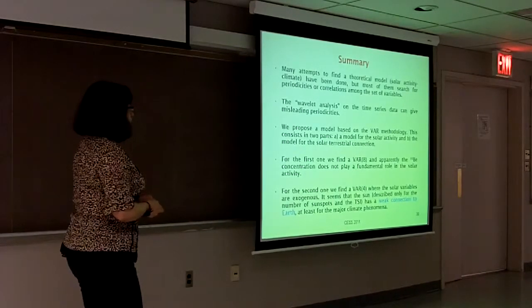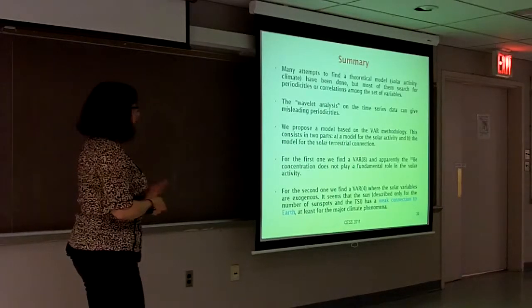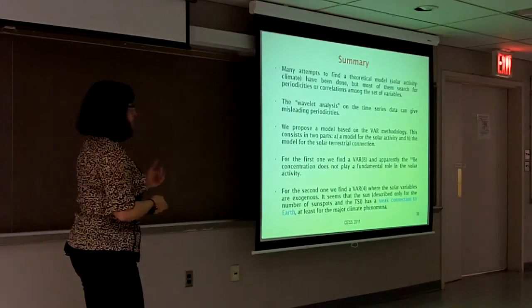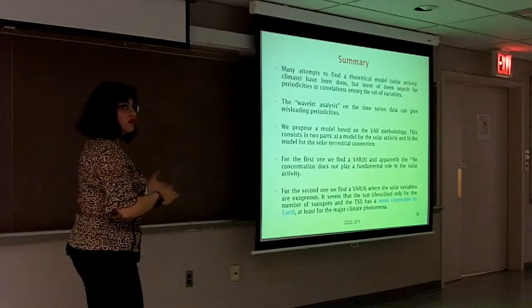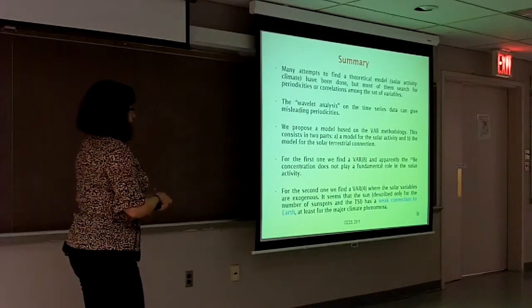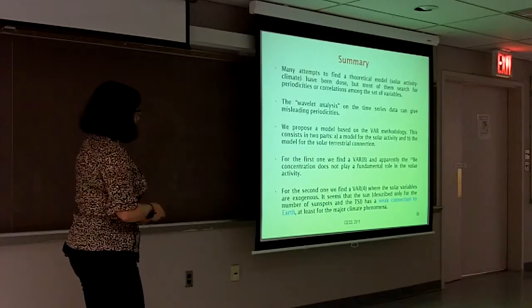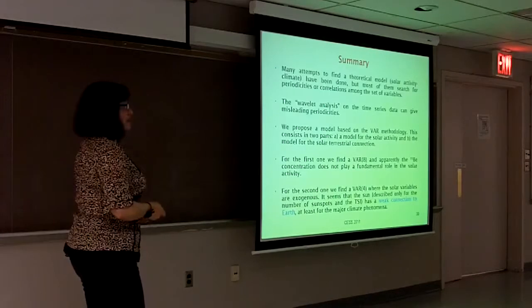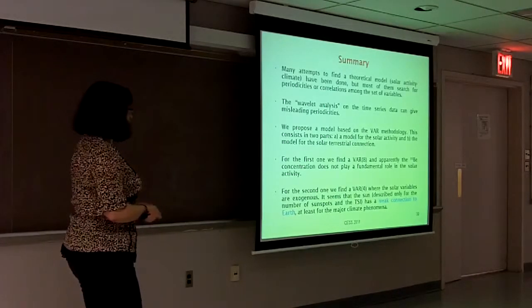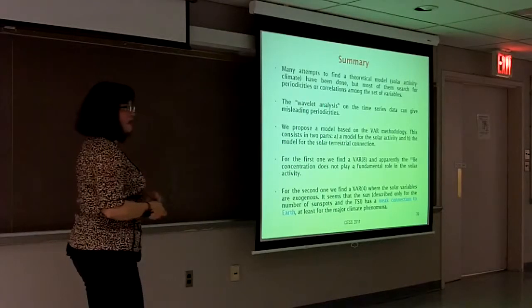So it's probably not a good proxy to study the solar activity, and we can remove that variable from the model, and it doesn't matter. The big conclusion here, because of the solar-terrestrial connection, is that the solar activity seems to have a weak connection to Earth, at least for the major climate phenomena that we consider in this work.